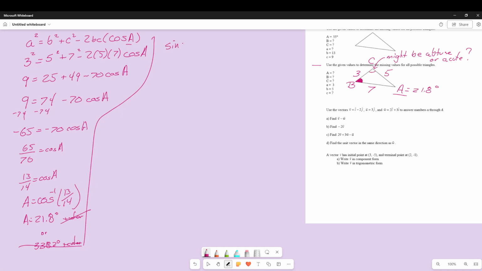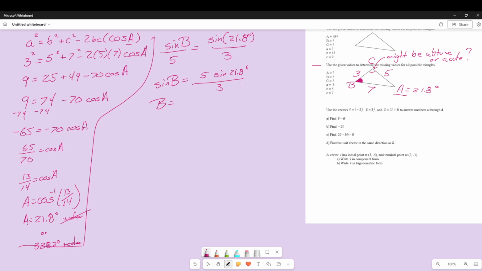So we know that the sine of angle B in ratio to its length has to match the sine of angle A, the 21.8 degrees we just found, in ratio to side A, 3. So the sine of B is equal to 5 times the sine of 21.8 degrees over 3, and a little sine inverse will give us that answer.